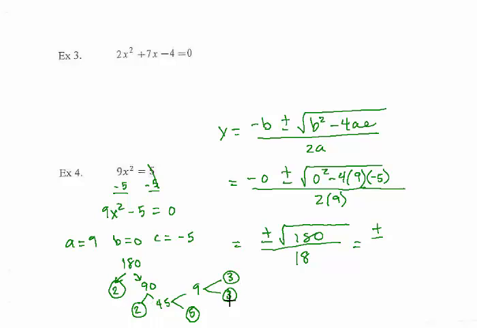So this factor tree simply tells us that we can rewrite this radical as the square root of 2 squared, since we have 2 2's stemming out of our prime factor tree. We have 2 3's, so we can write 3 squared, and then we have a single 5 left over. And if you multiply all this together, you'll get back to 180.